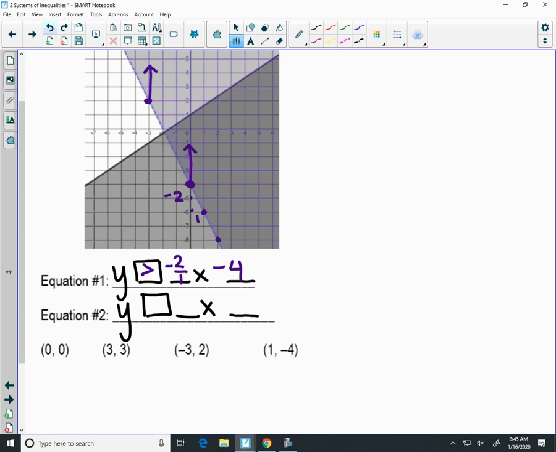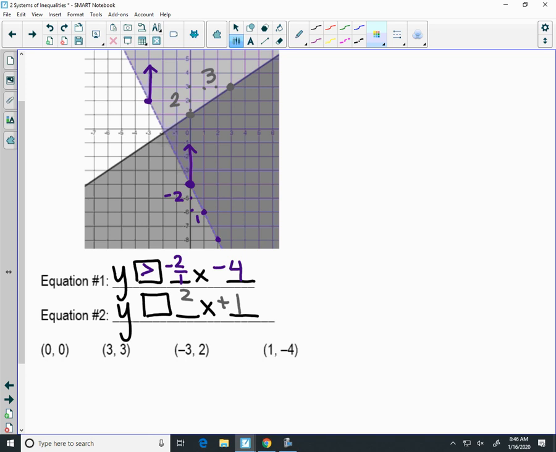For the gray line up here, it has a y-intercept of 1. So I'm going to put +1 in there. You have to have that symbol, otherwise it looks like multiplication. So it's a +1. And then the slope here, there's the next nice point. I'm going up 2 and over 3.